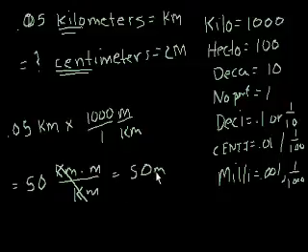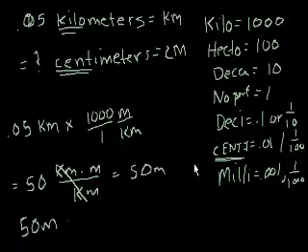We're not done yet. Now we need to convert those 50 meters into centimeters. We can do the same thing. 50 meters times how many? What's the relationship between meters and centimeters? If we look at the chart, we see it's 100. Am I going to multiply by 100 or divide by 100? It's the same thing. We're going from a bigger unit to a smaller unit. So 1 of a bigger unit is equal to a bunch of the smaller unit. So we're going to multiply.